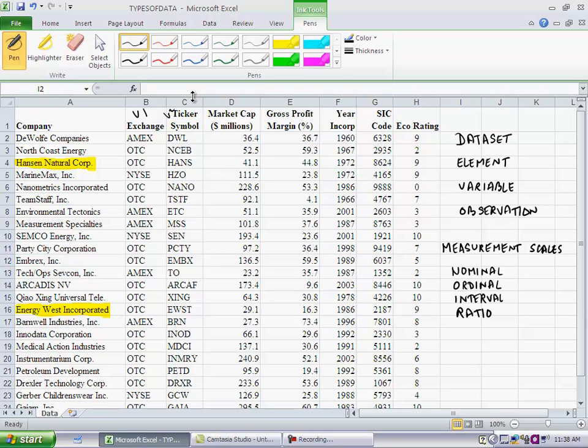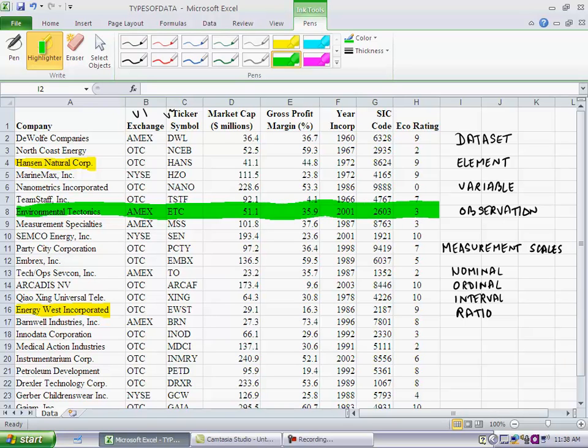Now, if you look across all the variables for any particular element, so let's take Environmental Tectonics and take all the values for all 7 variables for this particular element, that entire row is called an observation.